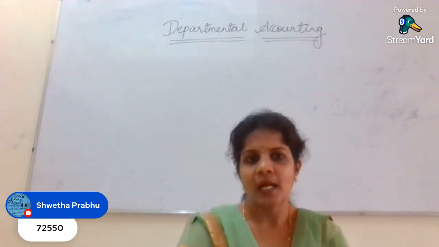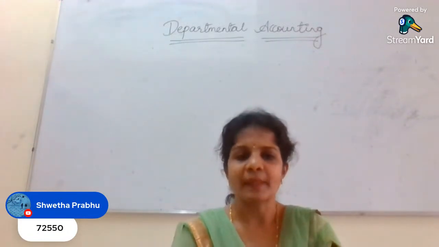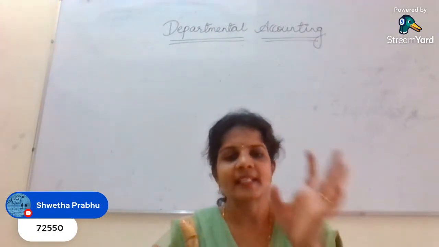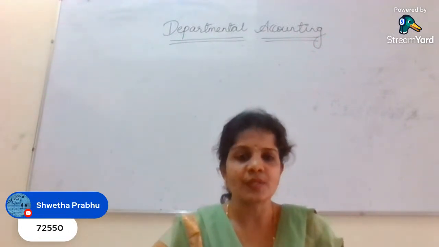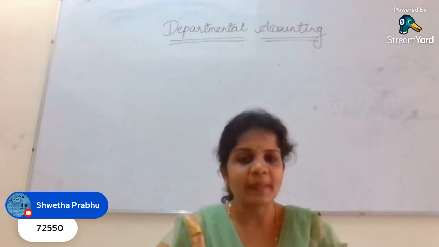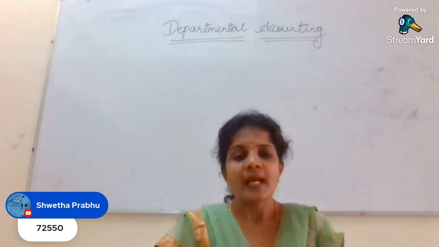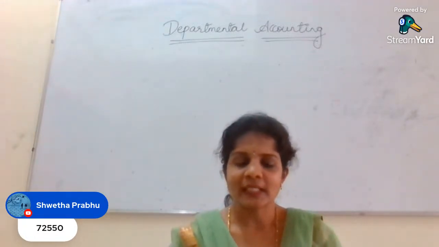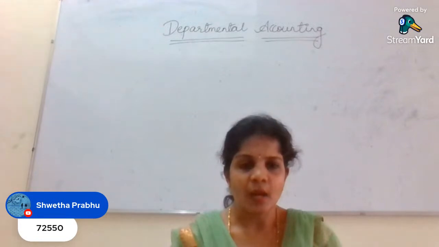Under departmental accounting, in the organization there are two departments, A and B. The expenditure of A and the expenditure of B, and the income of A and the income of B will be recorded separately, individually, and the income of each department will be deducted with the expenditure, and the balance whatever we get, the profit, will be compared with the other department, how these two departments are performing. So like this, in order to know this performance, the departmental accounting is prepared.